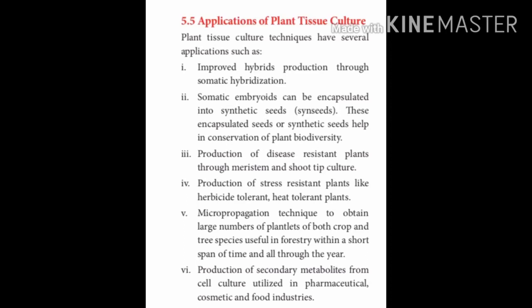Hybrids are formed, synseeds, that is artificial seeds, are formed, production of disease resistant and meristem tissue culture is done, stress resistant plants are formed, herbicide tolerance, heat tolerant plants are produced, and micropropagation, production of many plants in a given particular period of time, and finally production of the secondary metabolites.